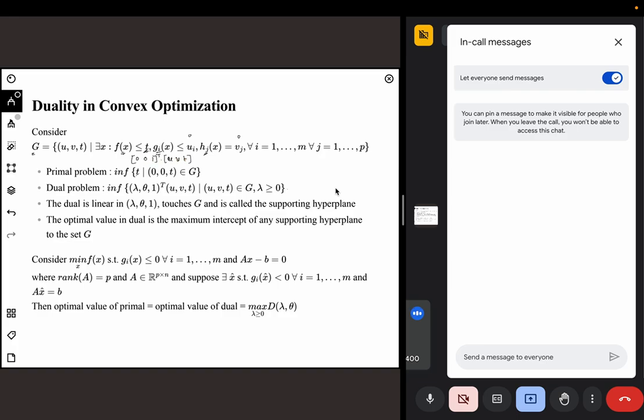So this is a linear problem: c transpose x such that these things are satisfied. And again, even in the dual space, it will be a linear problem. And we know how to convert from primal to dual in linear space. If you have minimize c transpose x such that Ax minus b equal to 0 and x greater than or equal to 0, you can just convert it into dual space. You just convert it into a maximize problem.